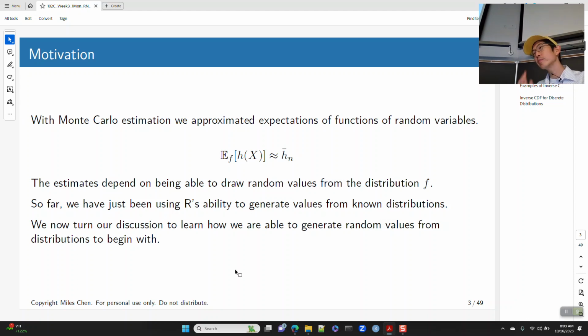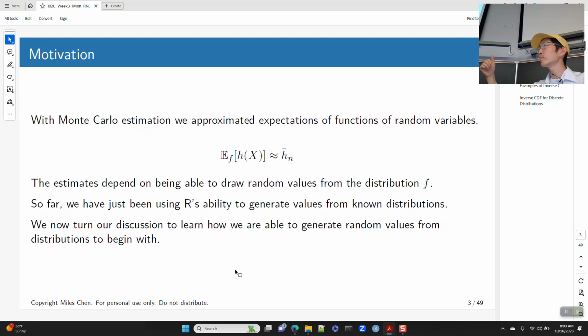And then last week we talked about importance sampling, and we asked, what if you can't generate values from a particular distribution? Can we account for that somehow? We said that if you know the PDFs of all of your distributions, then you can generate from one and then weight it, and that will fix the problem.